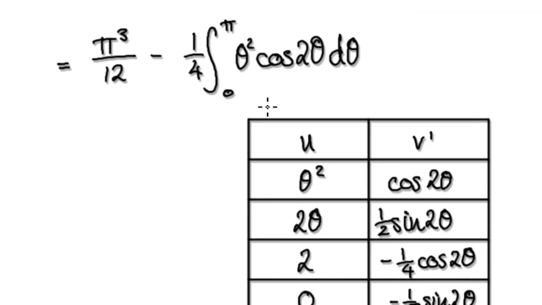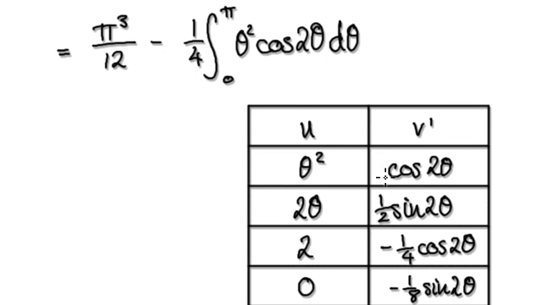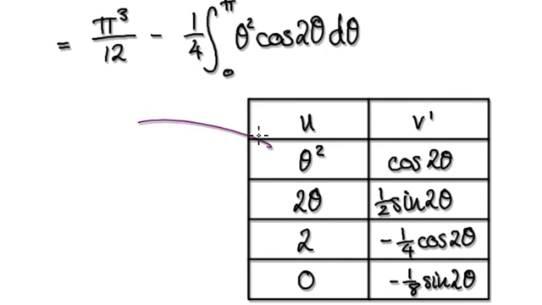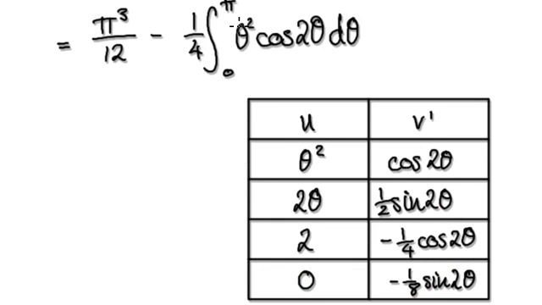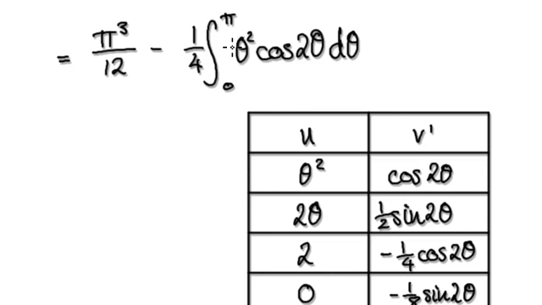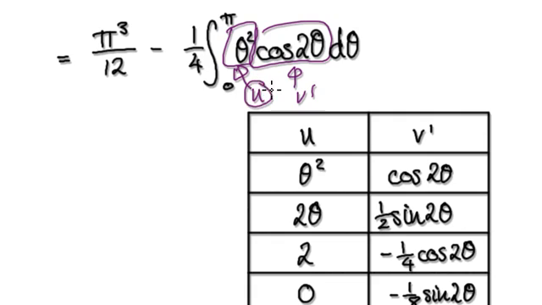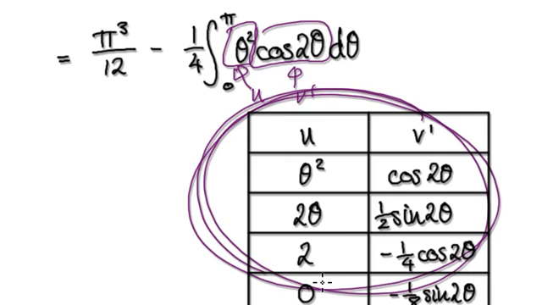You could use integration by parts, or you can just jump to this table I've already shown you. We did this a long time ago. If you use integration by parts, you're going to have to remember you set this to u, and then you set this to v prime. Because you've got squared here, you're going to have to differentiate u twice. But rather than doing that, you could just use the table method.